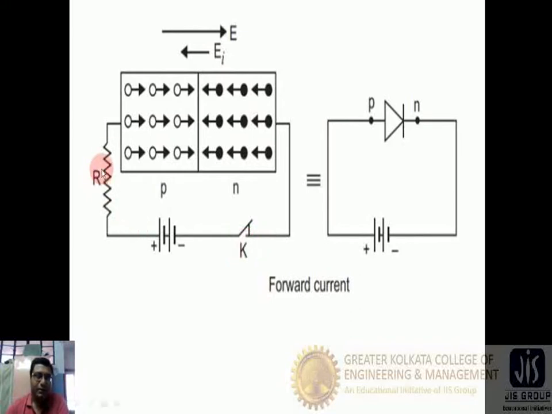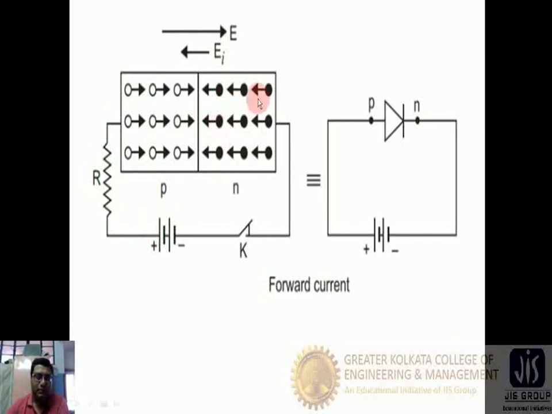How does it happen? On the P side, the holes are the majority carriers, and on the N side, the electrons are the majority carriers. This is the positive terminal of the battery, which consists of positive charge, and the holes are also positive charge. So positive charge and positive charge repel, and these holes are pushed towards the N section of the diode.